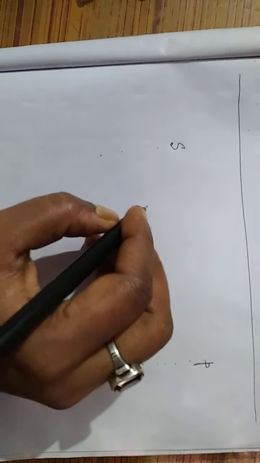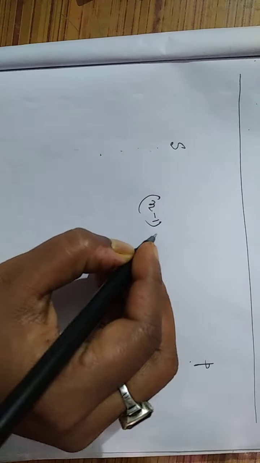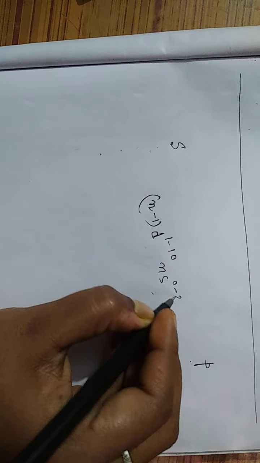So now what is the general configuration of D block elements? We know that it is (n-1)d 1 to 10 and ns 0 to 2. What does it mean?